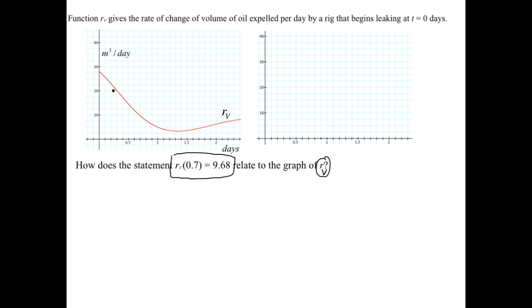It's a correspondence point on the graph, right? At 0.7, you get the point (0.7, 9.68). That's a point on the graph, and it means what you said: at 0.7 days, the rate of change is 9.68.